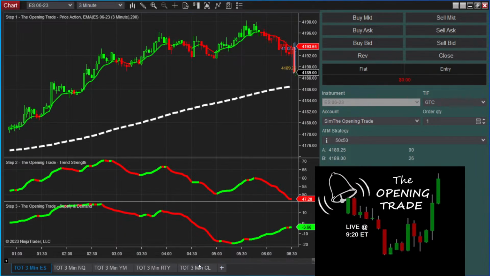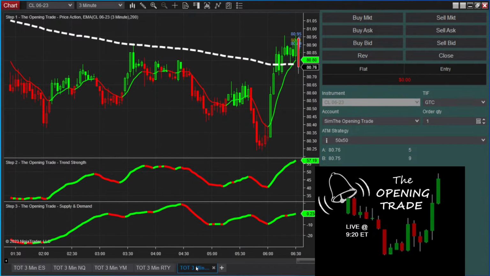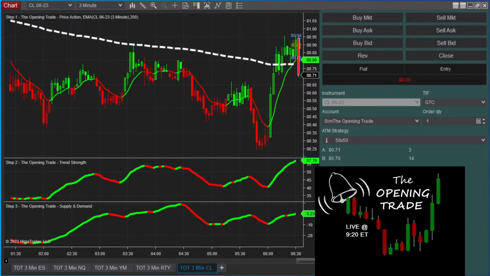S&P is trying to get there, and crude oil is going to match them. Again, it's an open candle. It won't close until 3 minutes after the New York session started, and that's in less than a minute from now. So we don't know where the candle really is going to land until it actually closes. So we'll be keeping an eye on that.